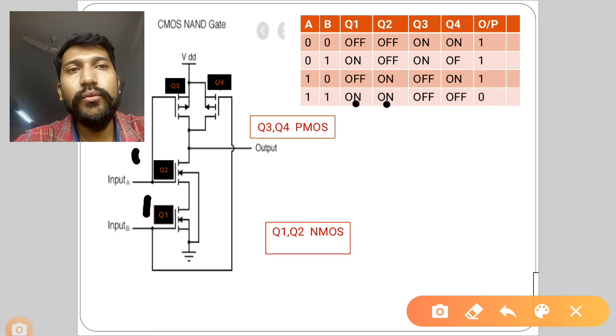So they will be off. This is how a CMOS gate works.